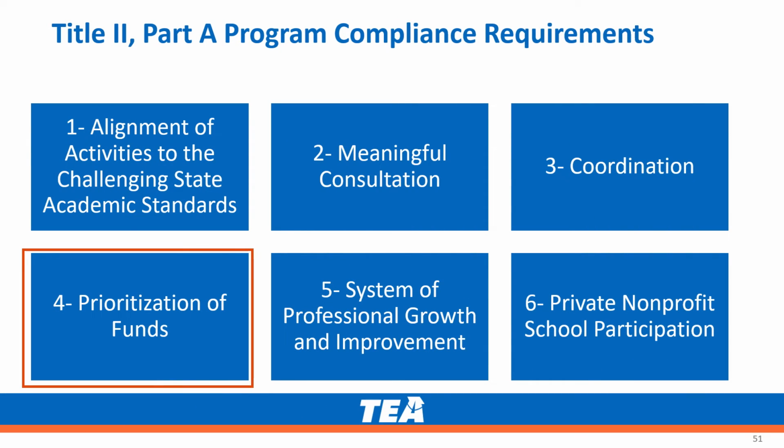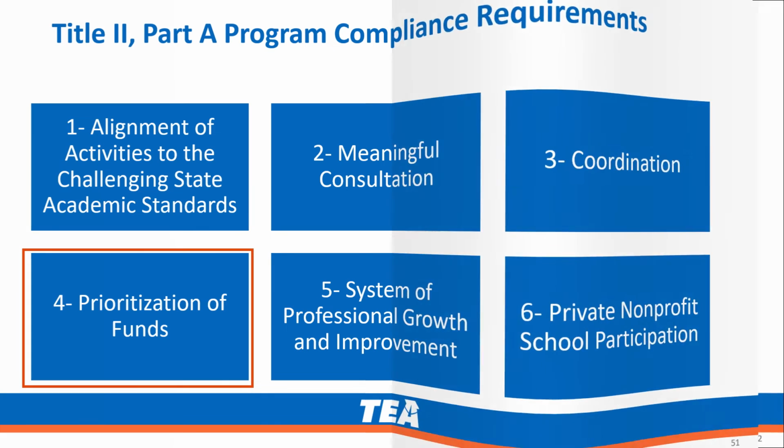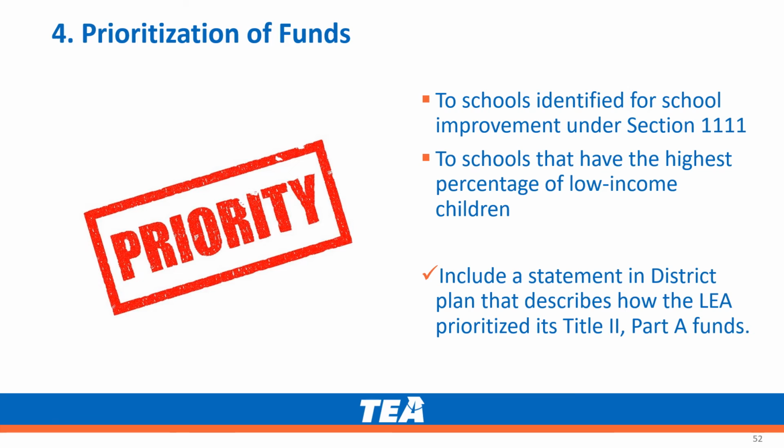Now let's take a look at prioritization of funds. LEAs are required to prioritize the use of Title II Part A funds to schools that have been identified for school improvement by TEA and to schools that have the highest percentage of low-income children.